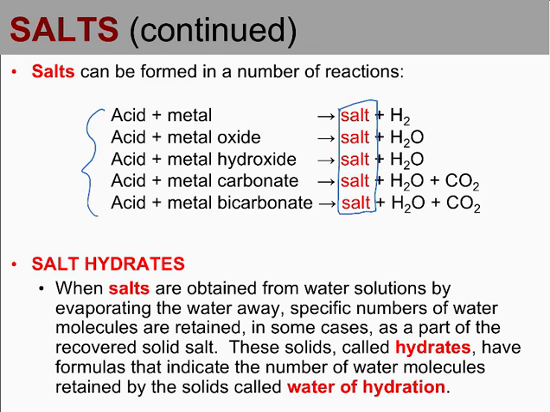All right, so for instance, let's say you just have salty seawater or ocean water, and let's say you have a cup of it and you leave it out in the sun and the water all evaporates. What you'll have at the end is some salt left on the bottom of the glass. But sometimes salts can hold on to water molecules, so they're not completely dry. They do have a little bit of water left over.